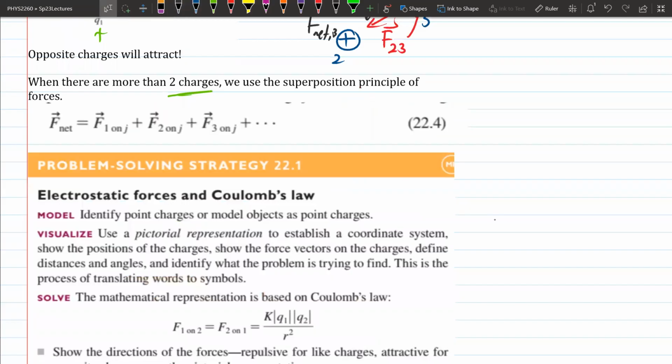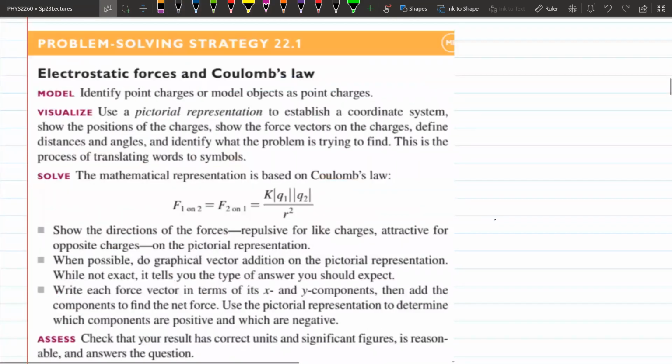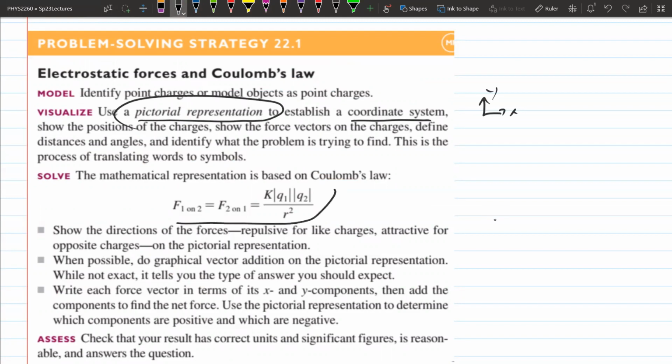So the way you figure out how to solve these Coulomb force problems is, of course, I'm going to have you always draw a picture. We're going to see some pictures of this, and create a coordinate system, meaning an X coordinate and Y coordinate, so everyone makes sense. And then we're going to apply Coulomb's law. Coulomb's law basically just gives you the magnitude of the force.